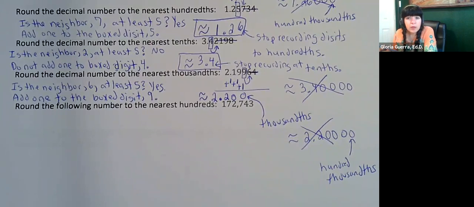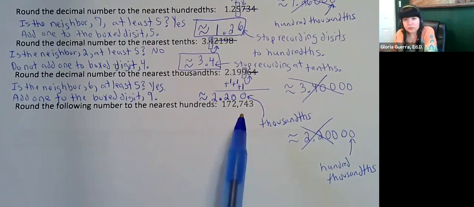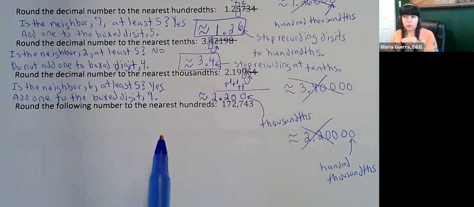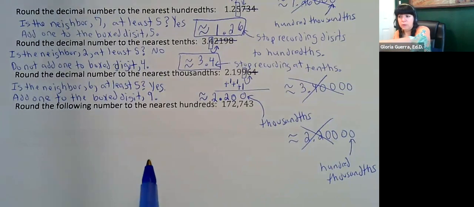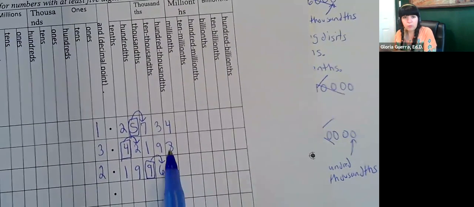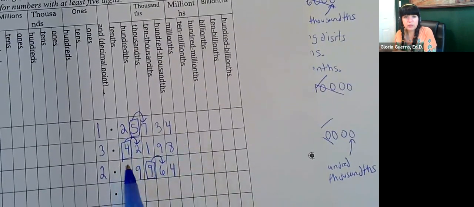Okay. Now, those are all rounding on the small decimal side. Now, this one's going to be a little bit different, because you're rounding on the counting number side. The previous ones, we were all rounding on the small decimal side.